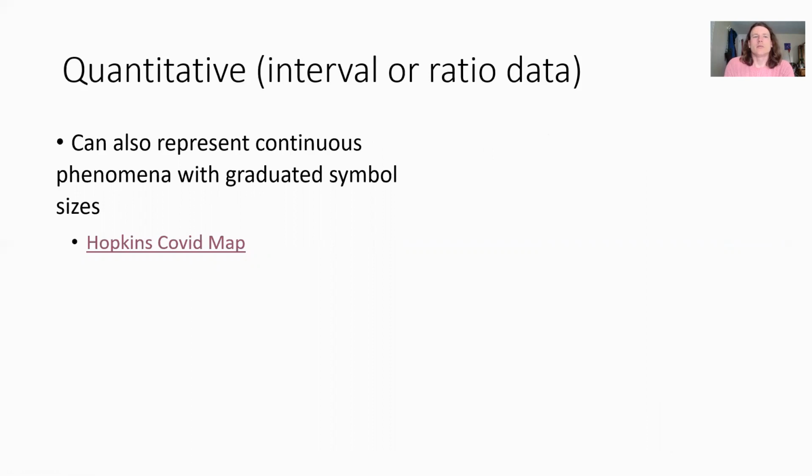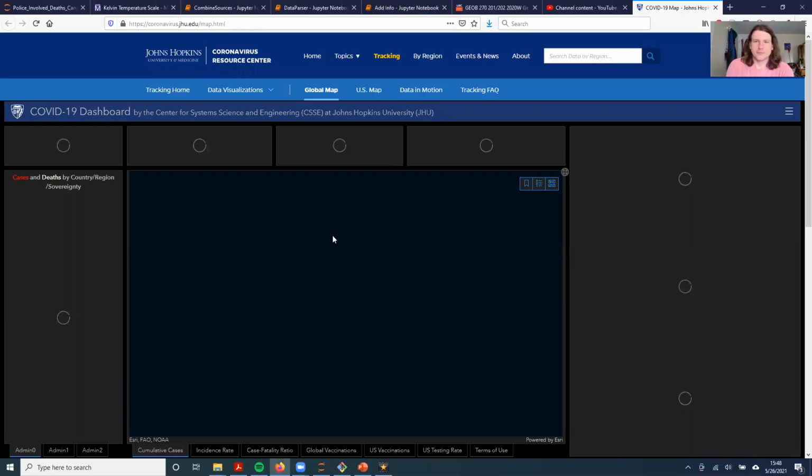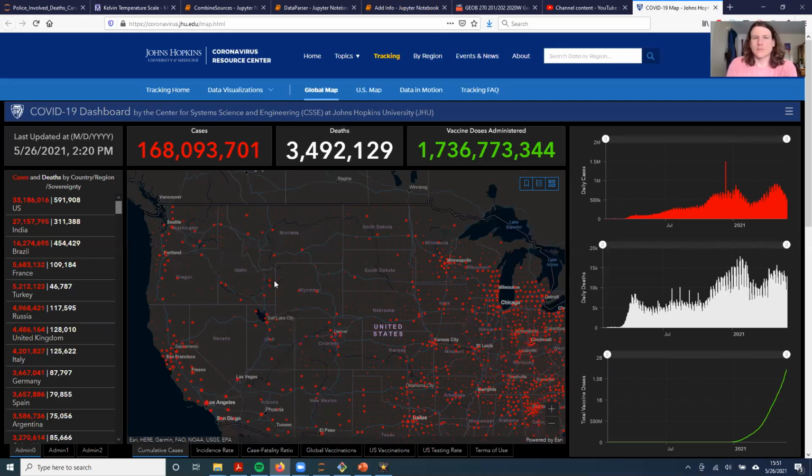And we can also represent continuous phenomena with graduated symbols, varying by size. So we did that in lab 1, for instance, with the cholera deaths, where the sizes of the points increased when there were more deaths at a certain property. Another example would be, we'll look at this COVID map from Johns Hopkins. Looking at this map here, they're looking at COVID cases, which is, again, a type of ratio data.